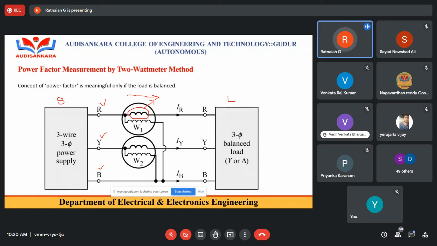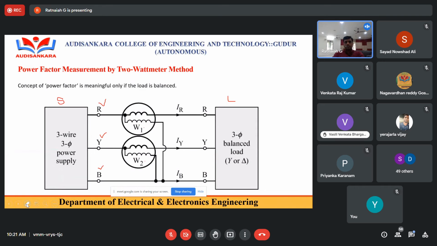Coming to the pressure coil, the diameter is very small, so obviously the voltage of the pressure coil is more. These concepts, diameters, current and voltage calculations, resistance and others you can study in the subject electrical measurements and instrumentation. There you can study the full details of wattmeters. Right now, it is not necessary.